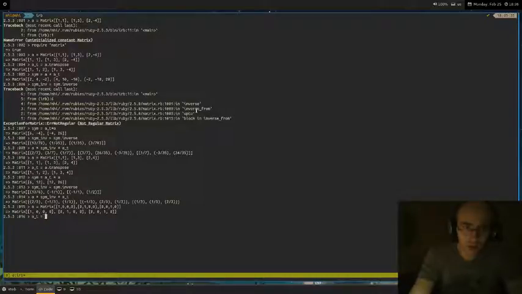We need to transpose it, and then we are going to find the symmetric product. Exactly what I had in mind. Does it have an inverse? It should not have an inverse.